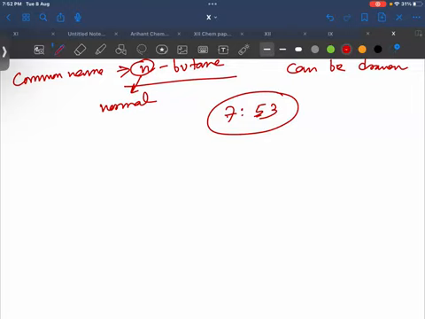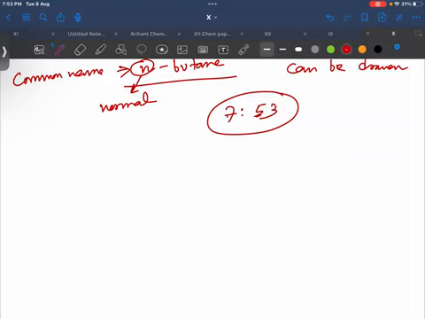Shivansh, Sohani, 1 minute. Jivitesh. 7:53, guys. Okay, fine.